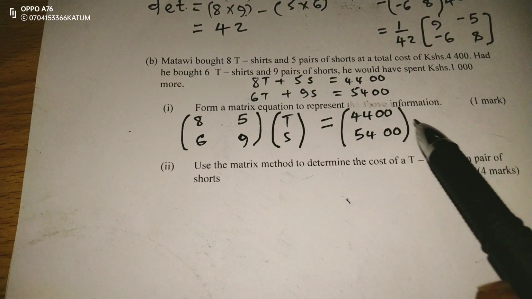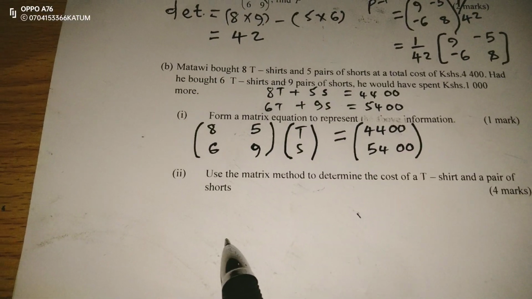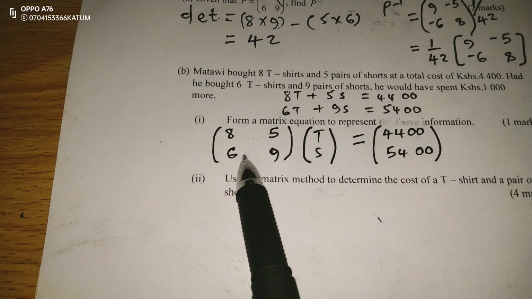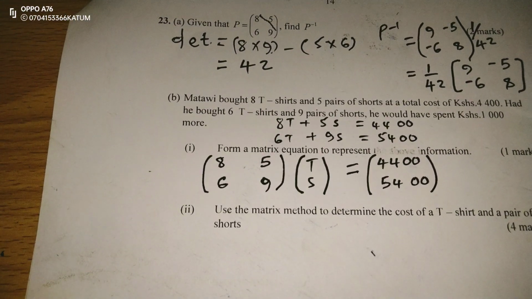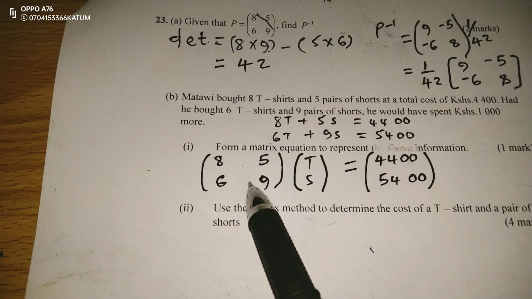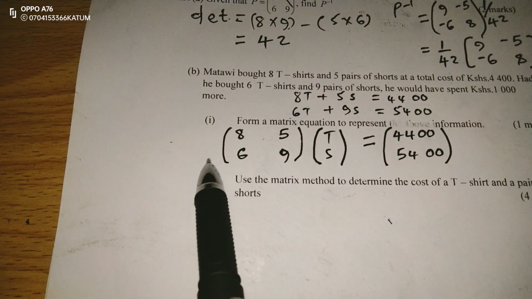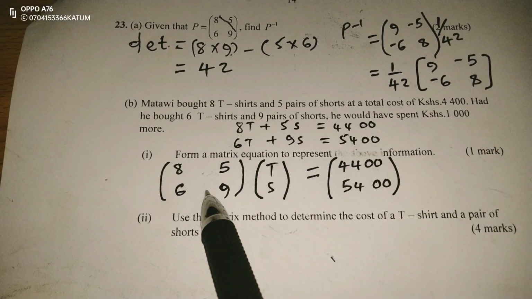Therefore, we're going to solve this equation simultaneously using the matrix method. For us to solve simultaneous equations using the matrix method, we multiply both sides of the matrix equation with the inverse of the coefficients matrix. We begin multiplying the left-hand side with the inverse of the coefficients matrix.